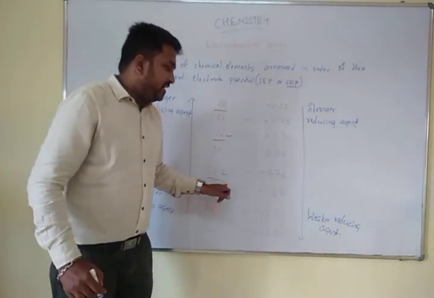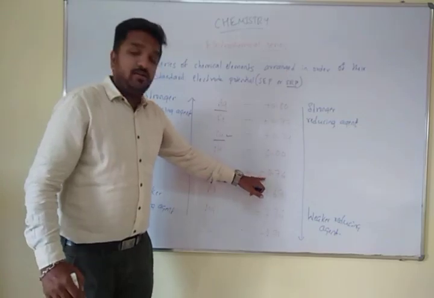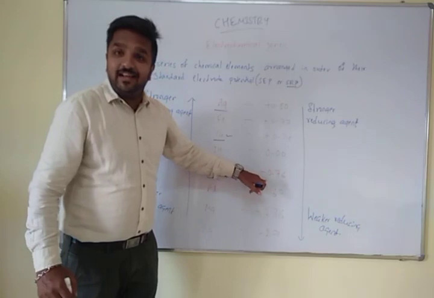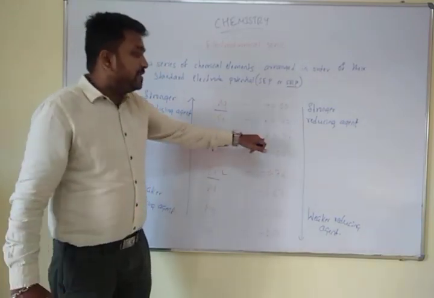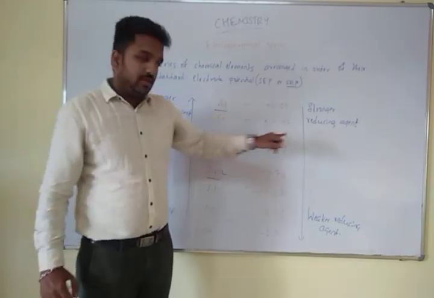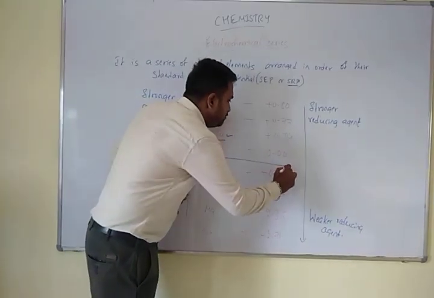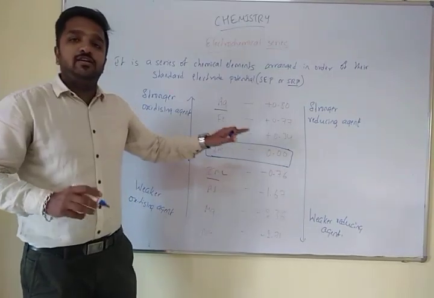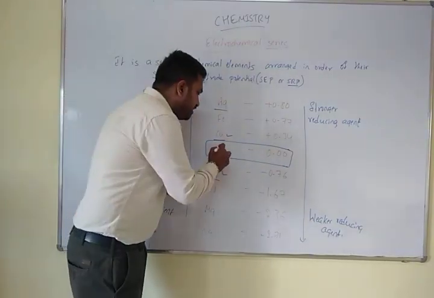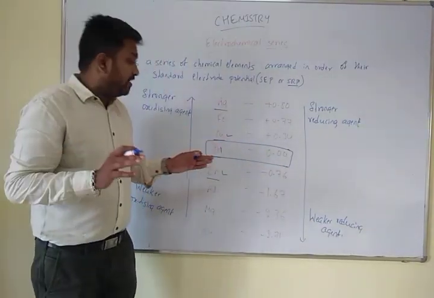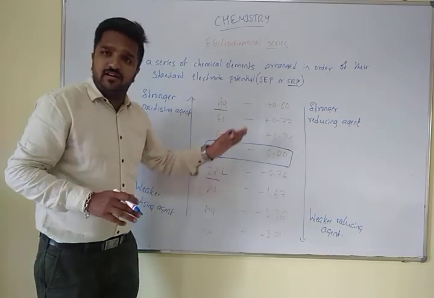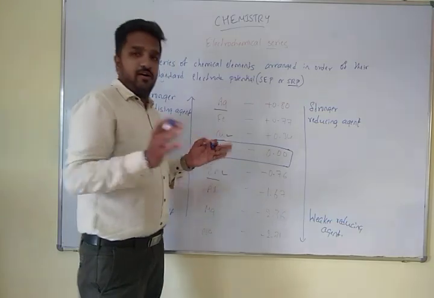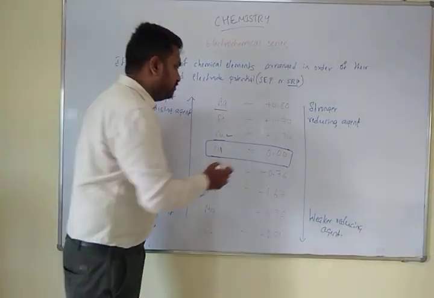The standard reduction potential value of zinc is minus 0.76, a negative value, whereas copper is plus 0.34, and we have assumed hydrogen as 0. This is actually an assumed value, and regarding this we will study in a further video, the reference hydrogen electrode.